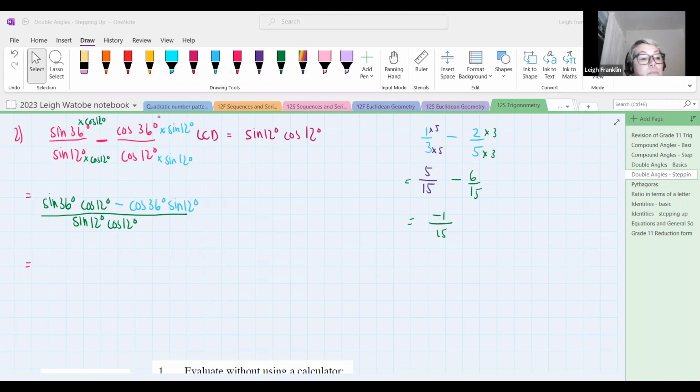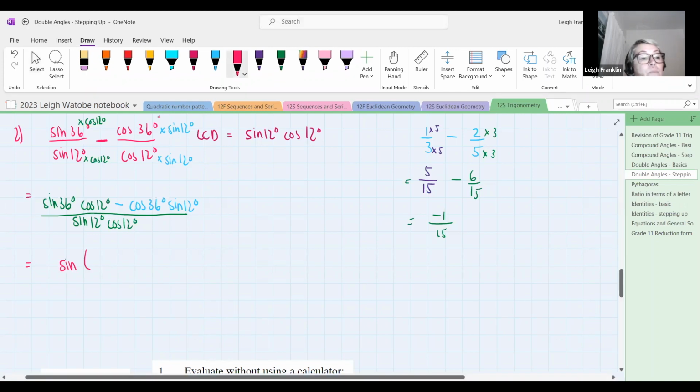Sine, open brackets, 36 minus 12. Good. Okay, because sine keeps its sign. So sine 36 minus 12. So Zandile has done the reversal of the expansion. Very, very nice. And at the bottom, I've got sine 12 cos 12.